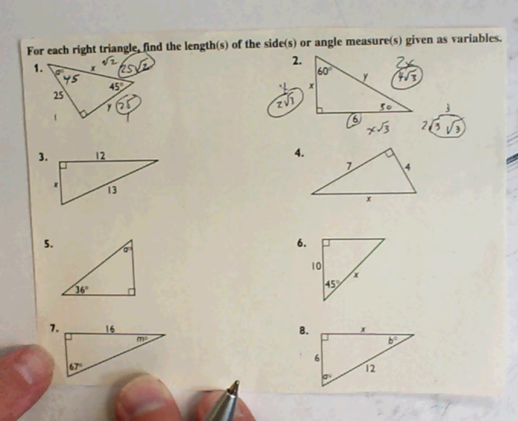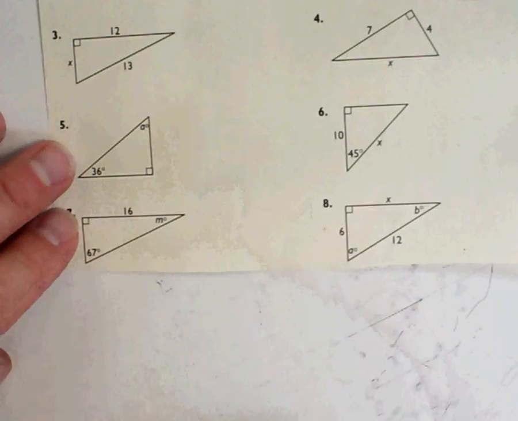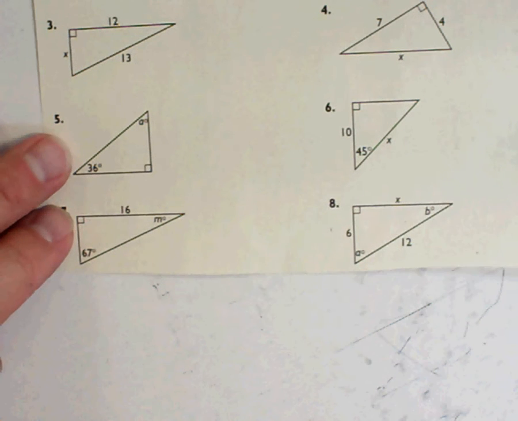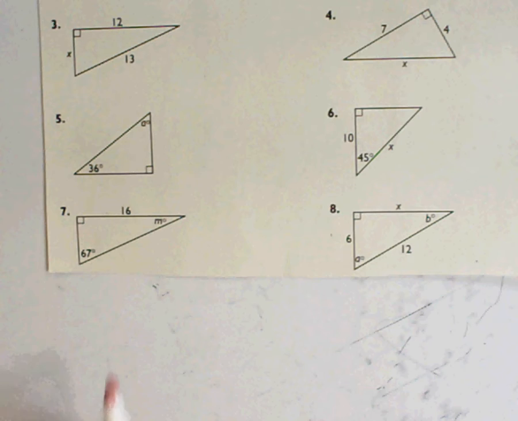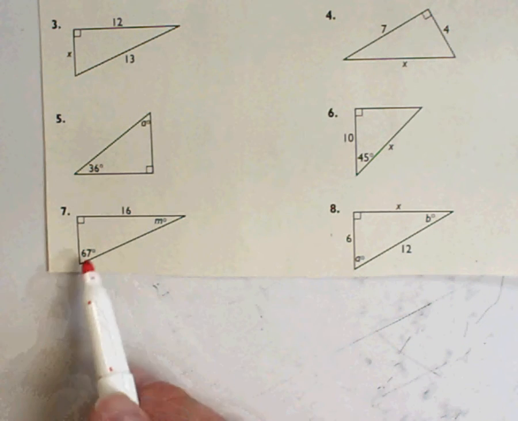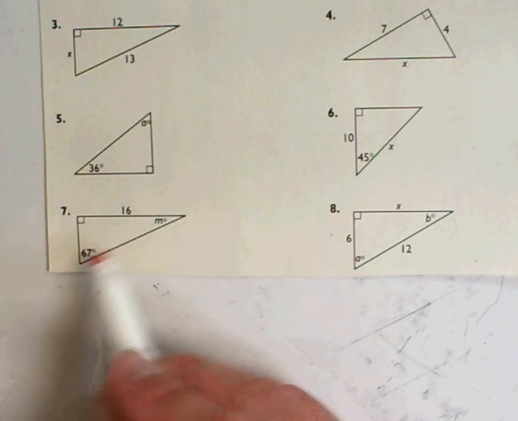And I want to show you how to do number 7, because it's not a 30, 60, 90 triangle. So I'm going to move it up a little bit, and I'm going to zoom in on this one, and I'm going to show you how to do the math here. So when you go to work a problem like this, it's not a 30, 60, 90, but they gave us this angle is 67. I know this is the hypotenuse and this is the opposite.